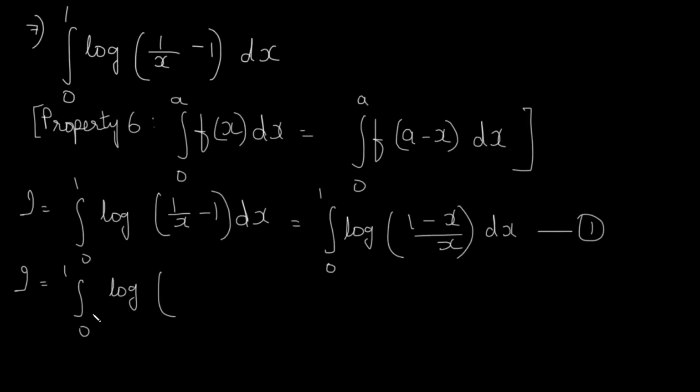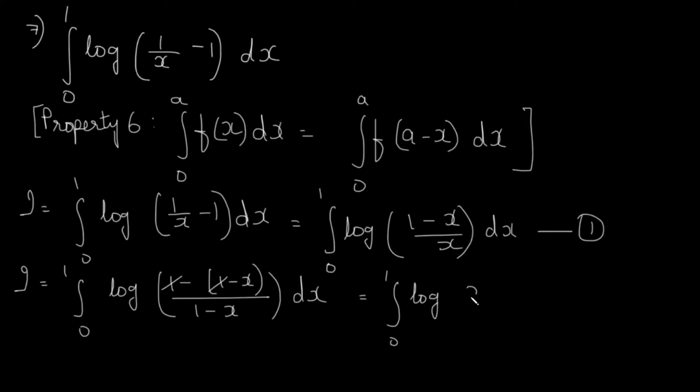In this case, I is equal to this particular statement, which is our first statement. So here, by using property 6, we get log of 1 minus x, wherever x is there, we'll put 1 minus x. Upon the denominator, x turns out as 1 minus x in this case. Okay, then now this can be modified this way, that is, it becomes 0 to 1, the integral of log of 1 minus 1 we get 0, and minus into minus x we get plus x.